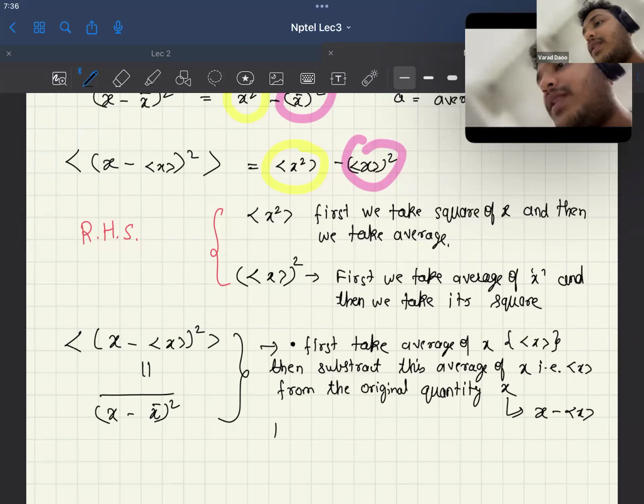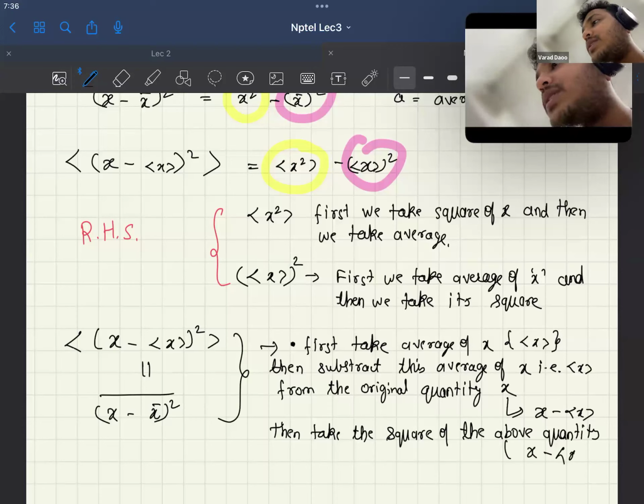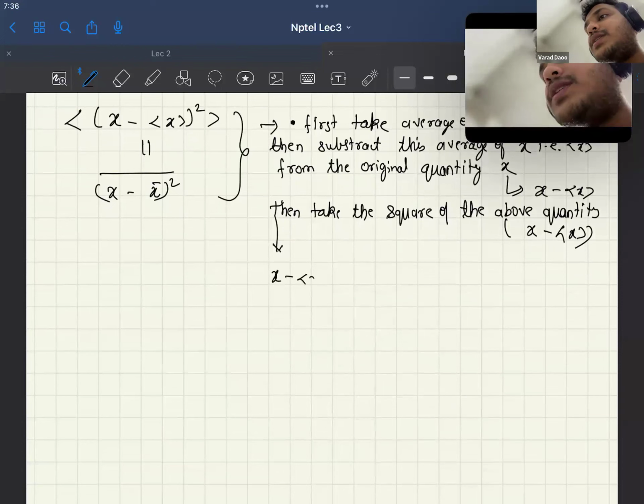Then take the square of the above quantity, which is x minus the average of x, so we get (x minus average of x) squared.